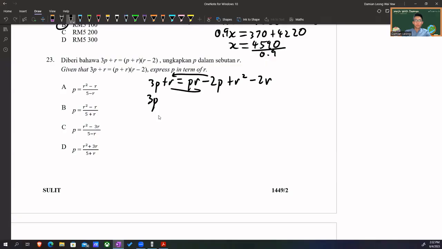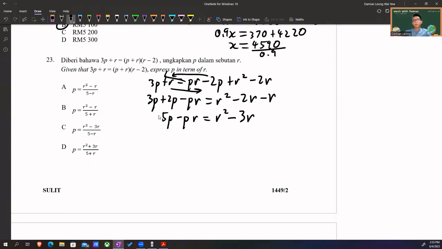Bring this to the left, bring this to the right, minus becomes plus. This also I bring to the left, positive becomes minus. Then I have r square minus 2r. This one plus, opposite minus, minus r. So this is 5p minus pr equals r square minus 2r minus r, which is minus 3r.